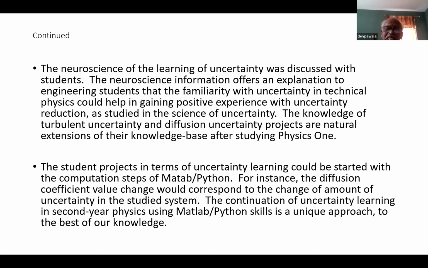The student project in terms of uncertainty learning could start with the computation step of MATLAB and Python programming. For instance, the diffusion coefficient value change would correspond to the change in the amount of uncertainty.